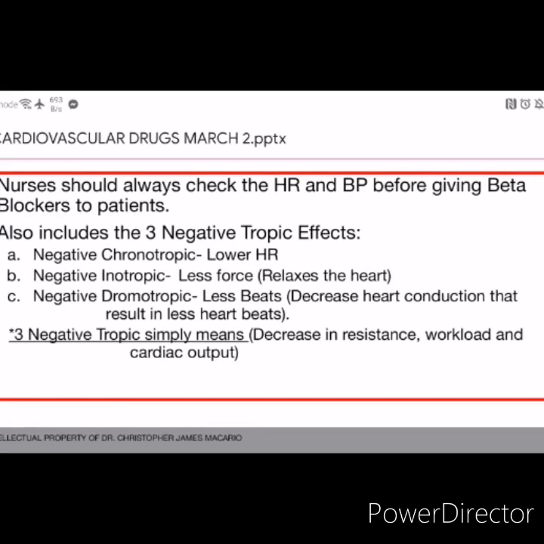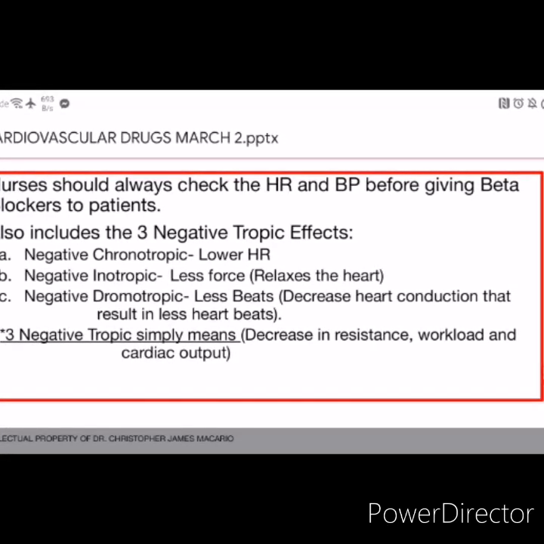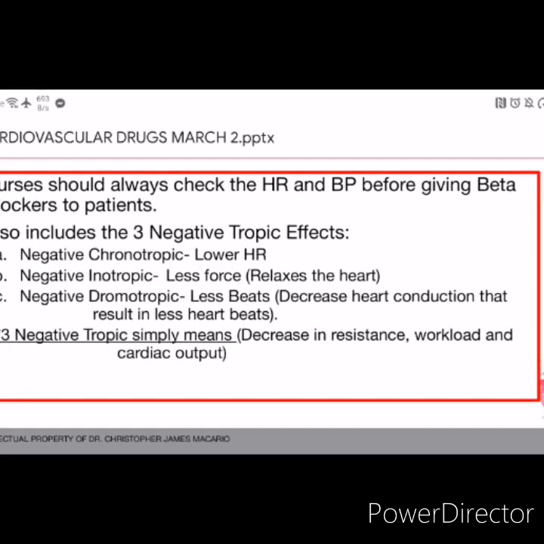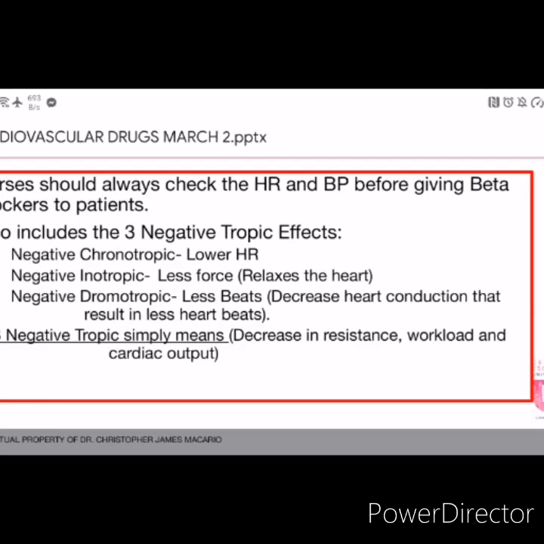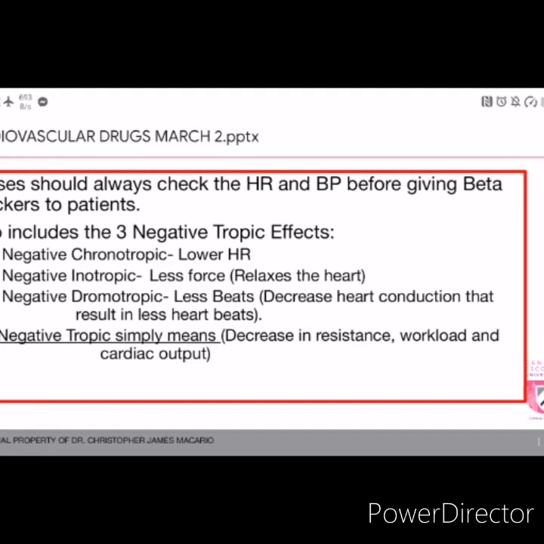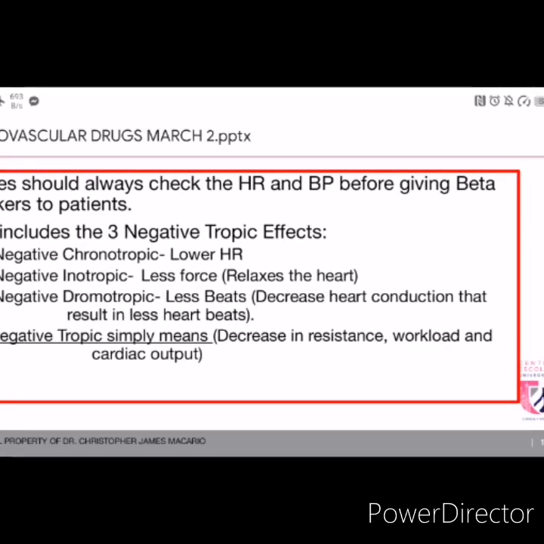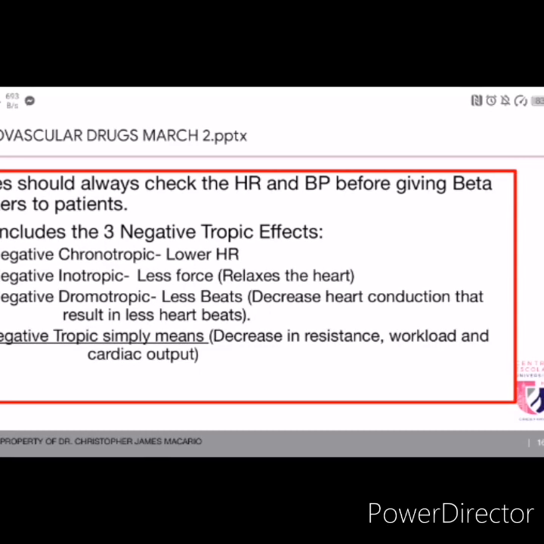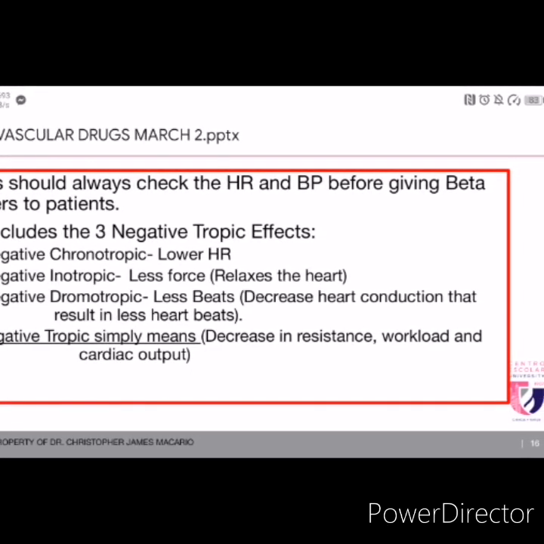Negative inotropic, or negative ino, means it lessens the force of the heart, or it relaxes the heart. And the negative dromotropic, or negative dromo, meaning it lessens the heartbeat. So ano ibig sabihin yan? Decreased heart conduction that results in fewer heartbeats.